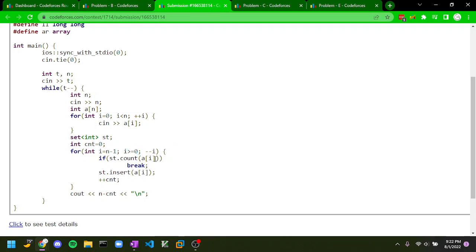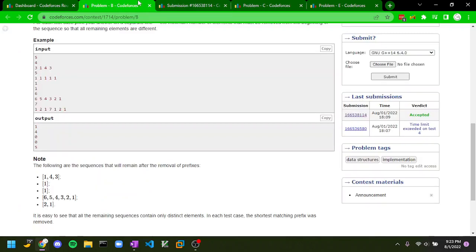And yeah, as soon as there's a repeat element, a duplicate, you break and otherwise you insert that element to a set and you add to the count. And the reason I'm adding to the count is you want to find out how many you remove. So each count would be how many you don't remove. So for example, notice how if there's a duplicate, I don't add it to the count, and otherwise if it's distinct, I add it to the count.